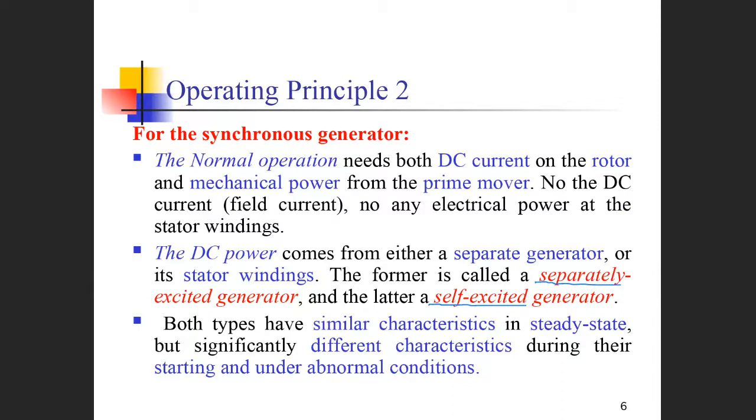Generally speaking, both the separately excited generator and the self-excited generator have similar characteristics in steady state, in the steady running stage, but they are significantly different during their starting and under abnormal conditions. As we summarized here, we have the separately excited generator and the self-excited generator.